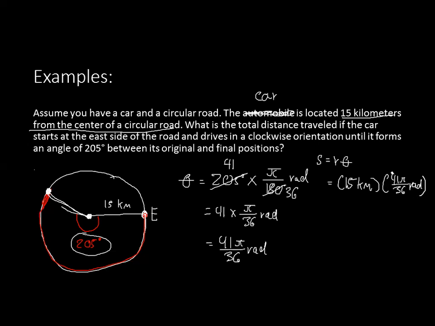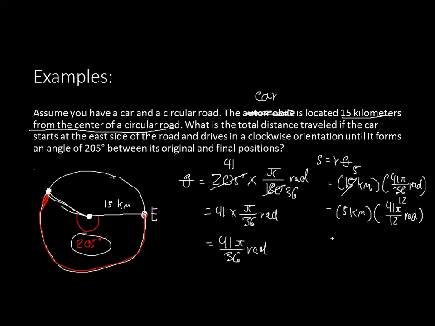Forgive my handwriting because I have no space. Here we can simplify 15 kilometers and 36 by 3, because both of them are divisible by 3. 15 kilometers divided by 3 is 5 kilometers. 36 divided by 3 is 12. Hence, we have 5 kilometers times 41 pi over 12 radians.